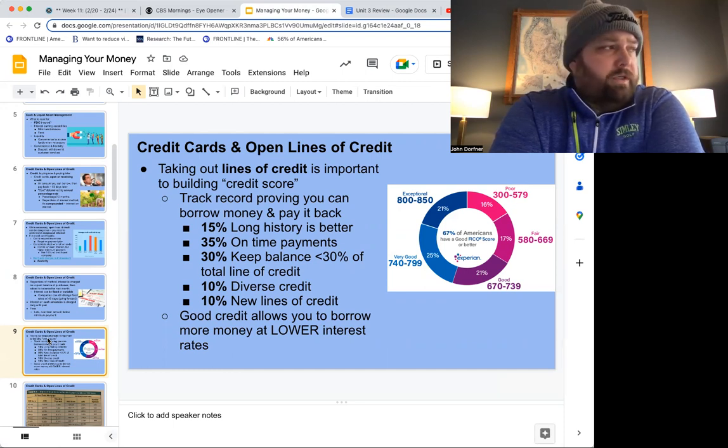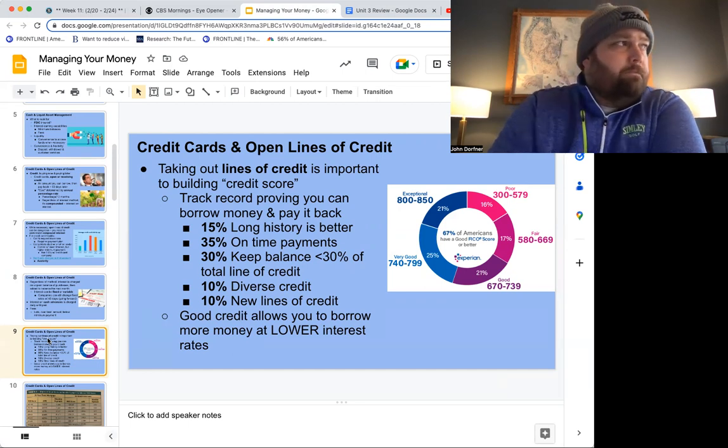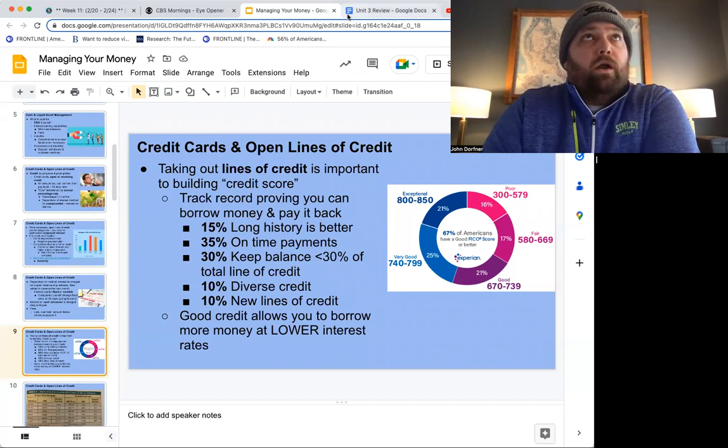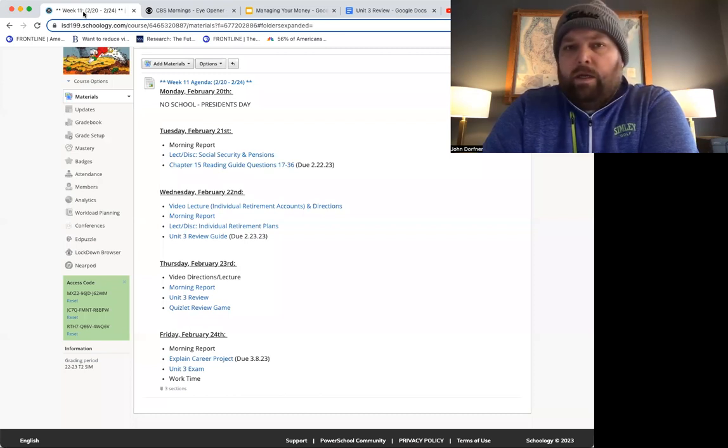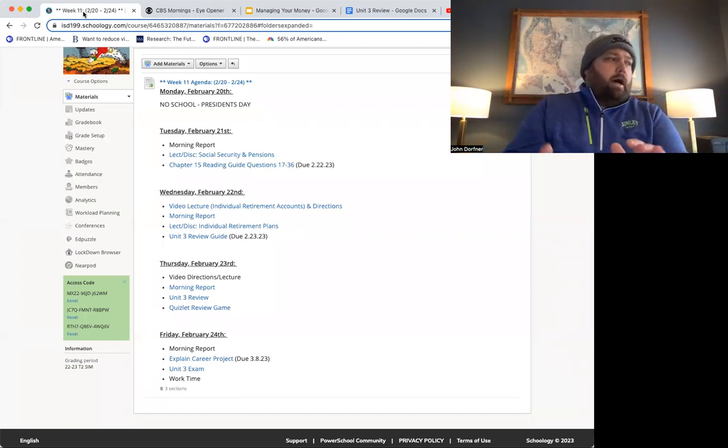Is it less than 30%? Is your credit diverse? And then how many new credits, how many inquiries into your credit, right? How many lines of credit have you sought to open recently? So you could answer that a couple of different ways.